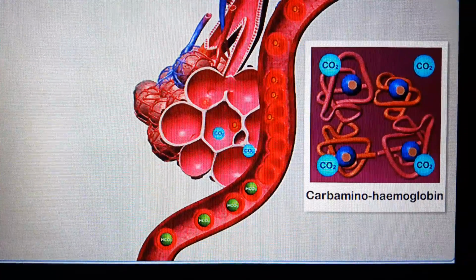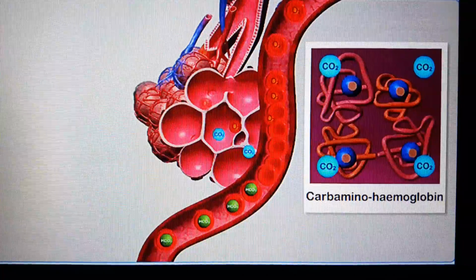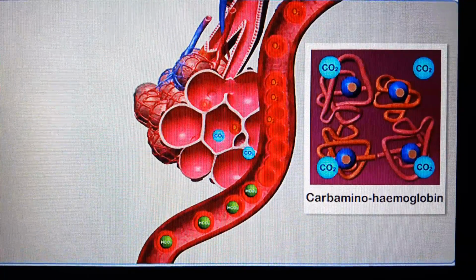So friends, in this way the transport of carbon dioxide takes place.